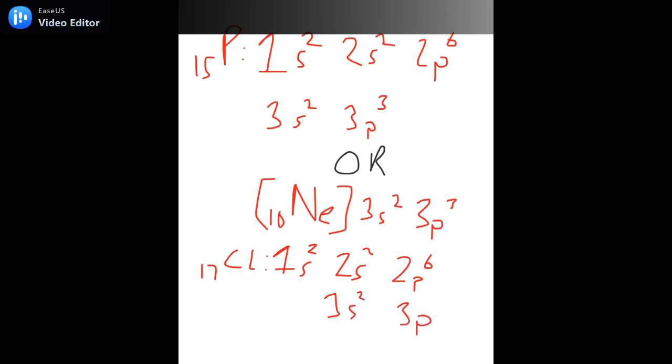Now for this, 2 plus 2 is 4, 4 plus 6 is 10, 10 plus 2 is 12. So 17 minus 12 means 5 electrons remain, so 3p5. Now over here again, we could replace these 3 subshells with neon and then write 3s2 and 3p5 after that.